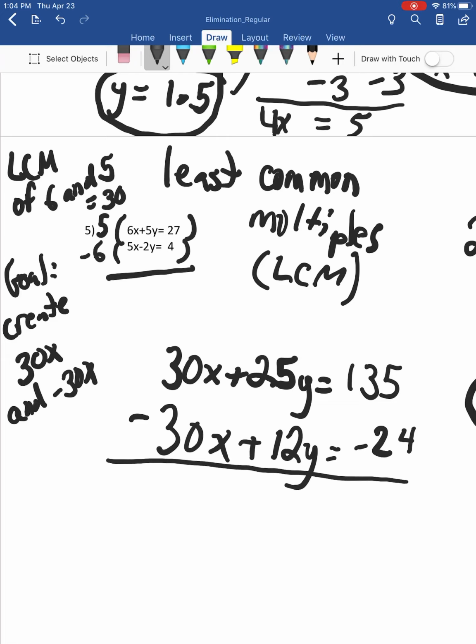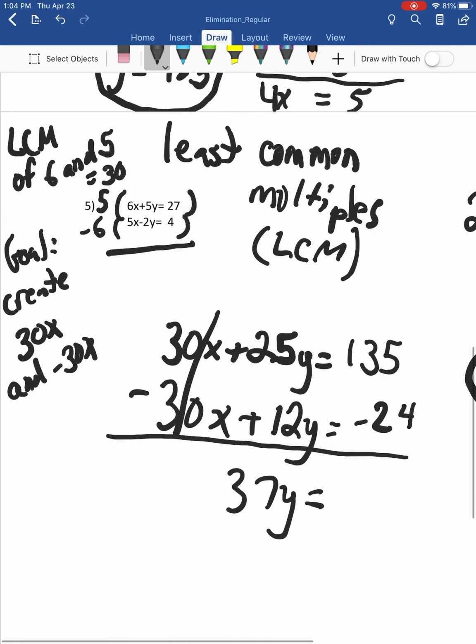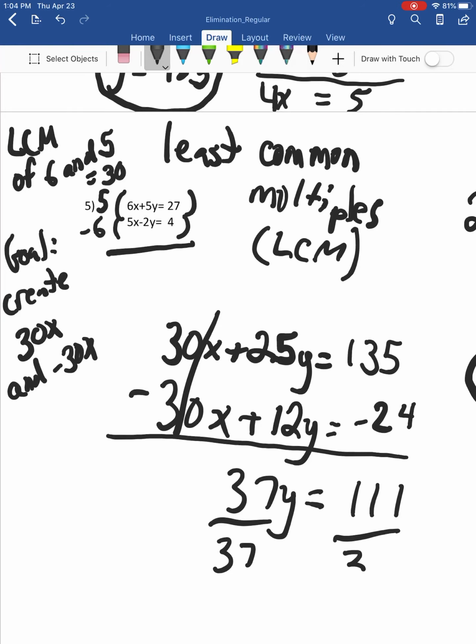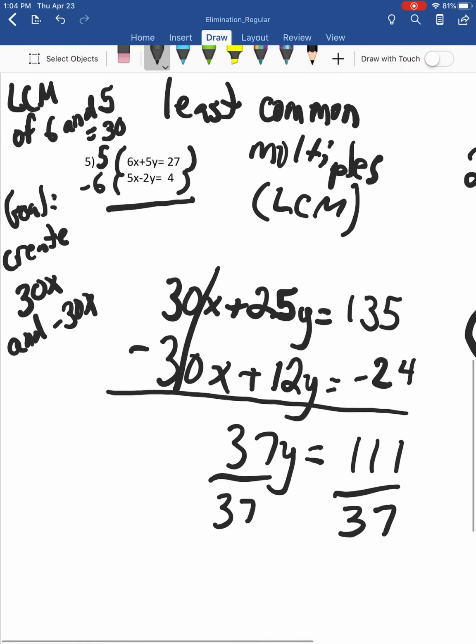Okay, so we're going to get 37y equals 111. Divide everything by 37, and that means y is going to be 3.